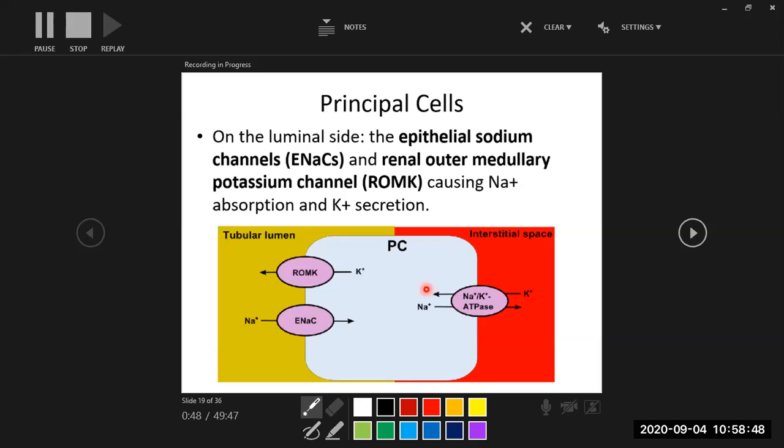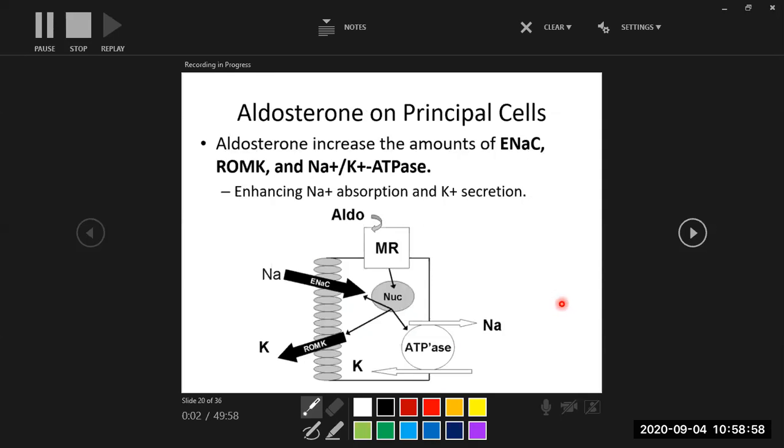And this function can be enhanced by a hormone called aldosterone. We mentioned aldosterone in the RAAS pathway: renin-angiotensin, where angiotensin 2 can trigger the release of aldosterone.